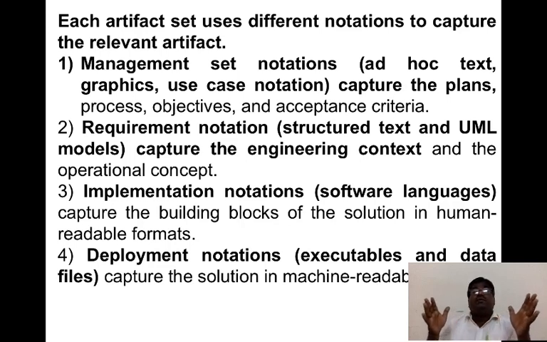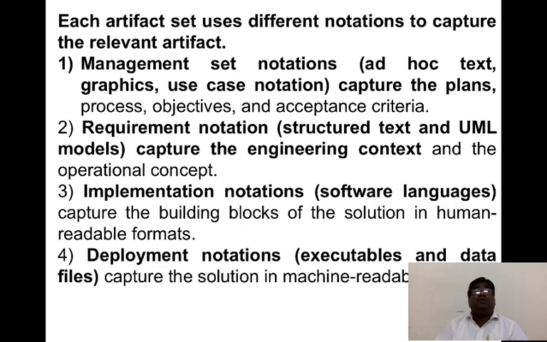We may require different kinds of tools. So they are management set notations, requirement notations, implementation and deployment notation. See, management set notations, ad hoc text is nothing but a Word document. Management set notations are ad hoc text, graphics, use case notations that capture the plans, process, objectives, acceptance criteria.